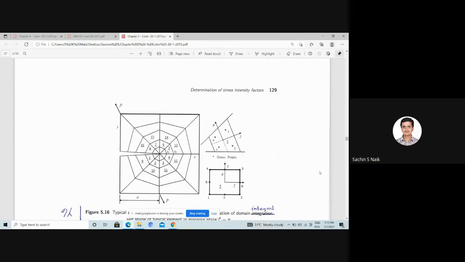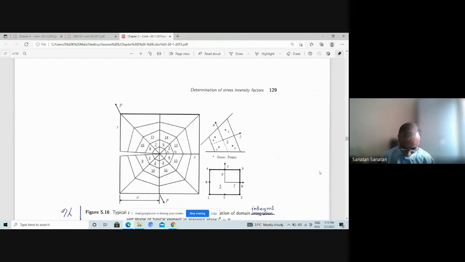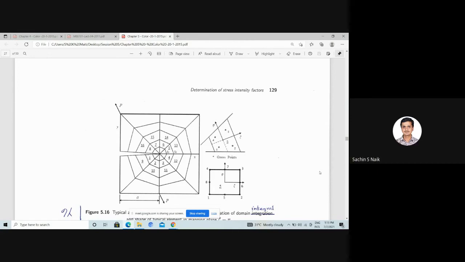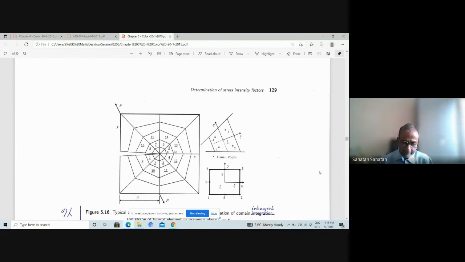But when it comes to a mode 3 problem, that becomes a little hazy, and I am not in a position to make out how K3 would vary along the thickness when we find it using our 2D approach. Yeah, I think it's quite an interesting point that you have raised.